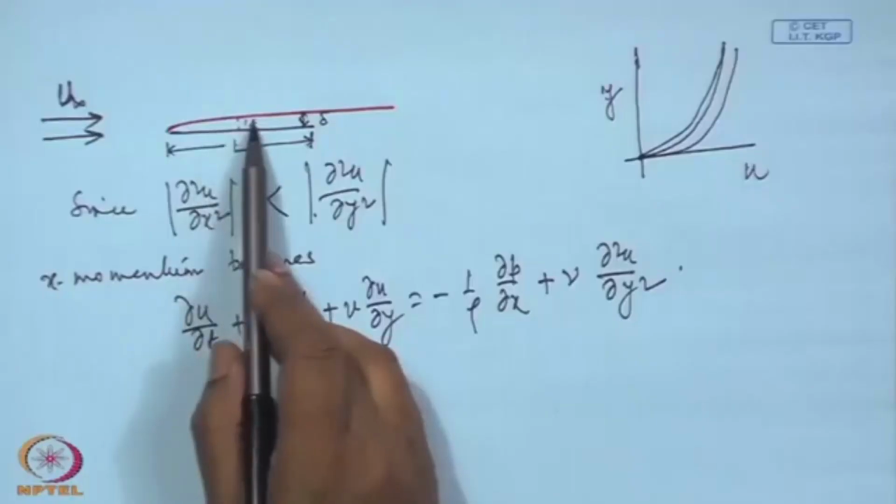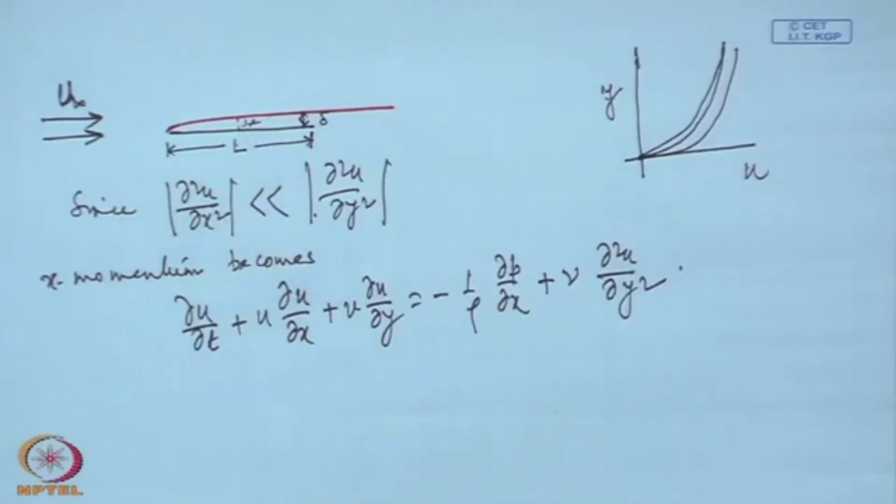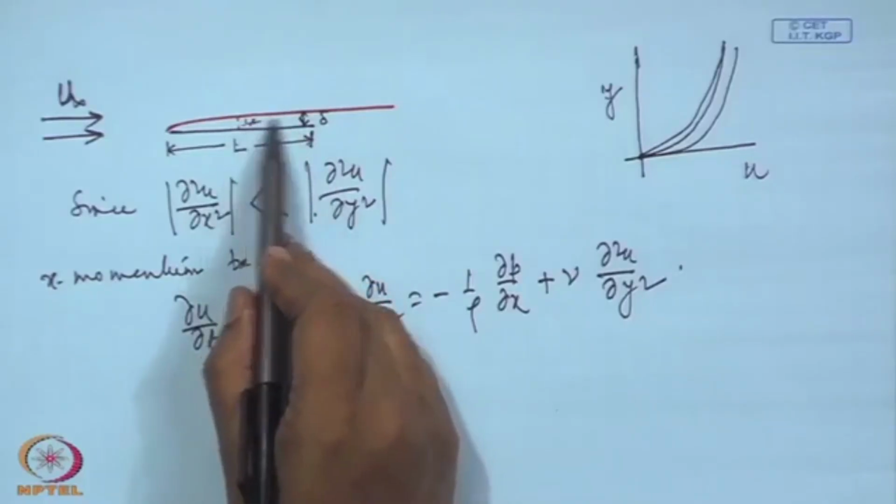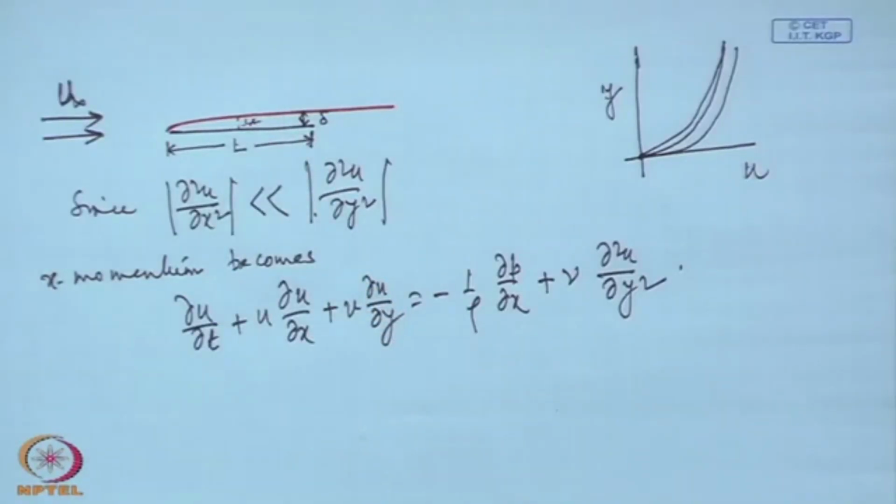You can see that for the inviscid flow, the v component of the velocity is 0, and that is also from your observation or practical experience also you can see that if you have a flat plate and the flow is along that direction, then the flow will be only in the x direction. There might be some small values in the y direction here within the boundary layer because of viscous action. So, one thing is known that the v component is also very small.